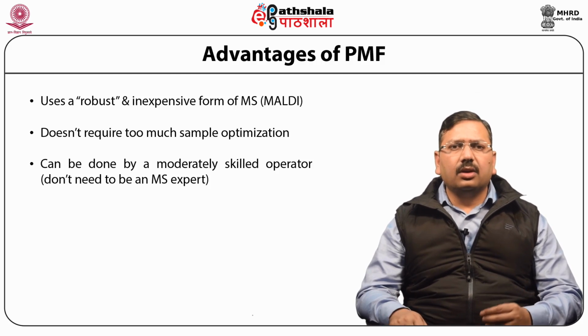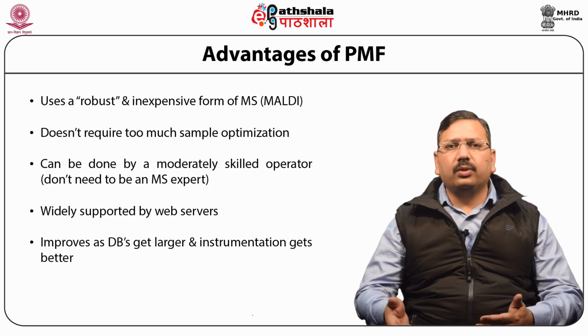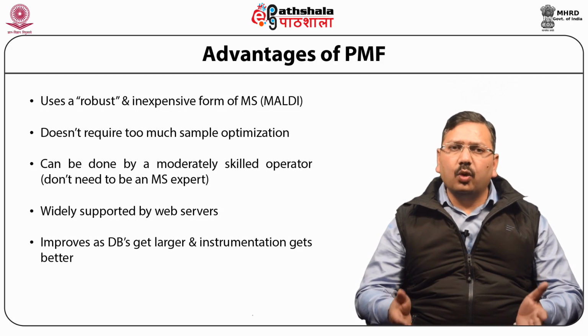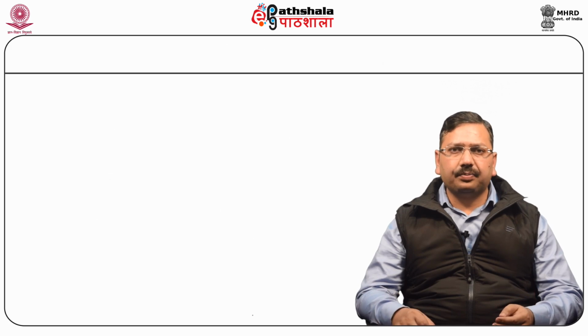It is widely supported by different web servers, and it improves a lot as databases get larger and instrumentation gets better. Moreover, high throughput robotics can be utilized, and we can go for 500 samples a day by this peptide mass fingerprinting.